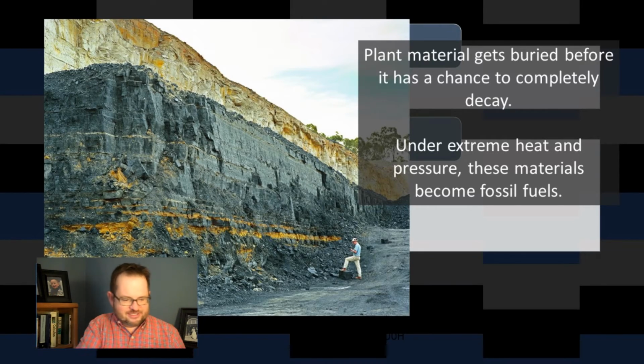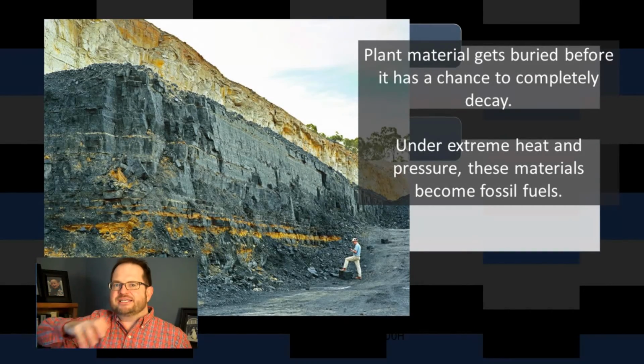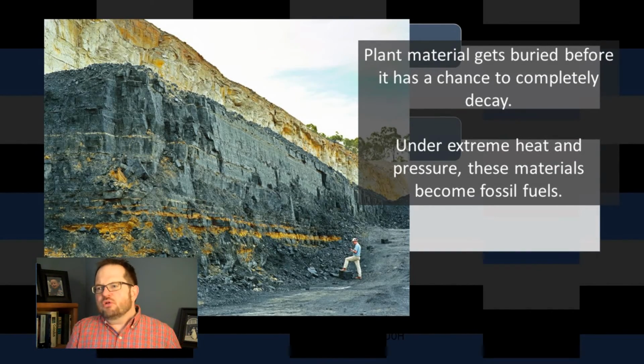Whereas this is probably a 20-foot thick coal seam, which is in fact kind of unusual. Coal seams tend to be a narrow layer that they just extract. And petroleum and natural gas form in similar situations where plant material is buried before it gets a chance to completely decay.